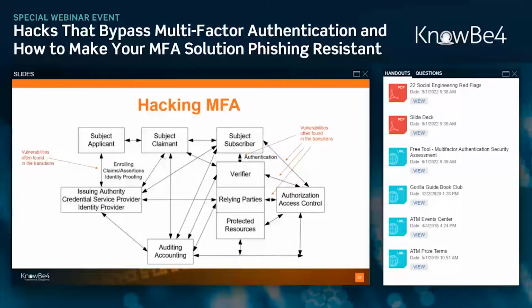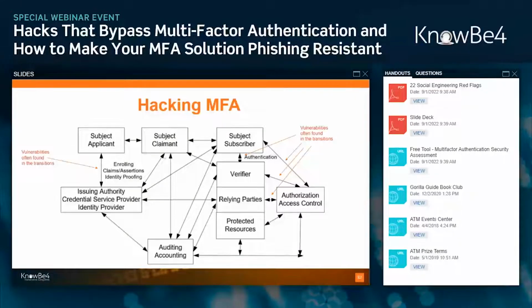If you really want to get into identity management, this is really kind of how the pathway goes, where somebody registers to get an identity and then they submit it to a website as a claimant or a subscriber, and there's a verifier that verifies the authentication, and there's access control and so on.